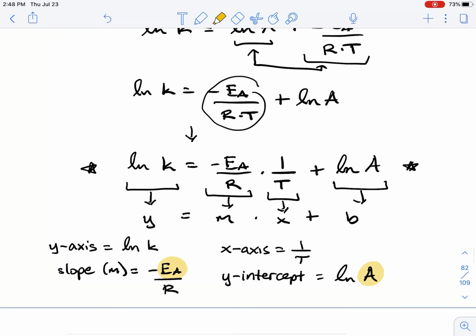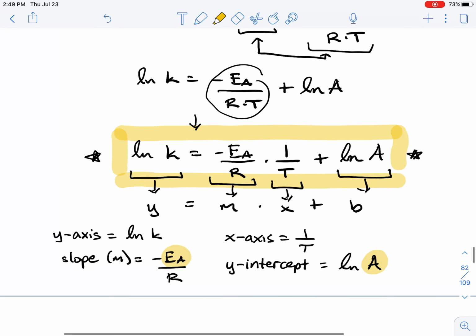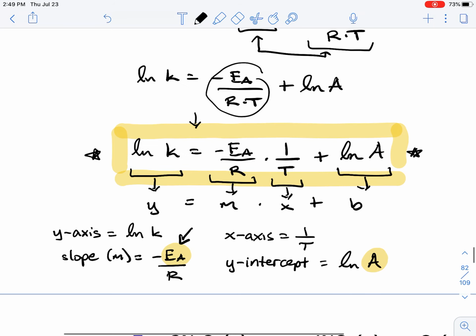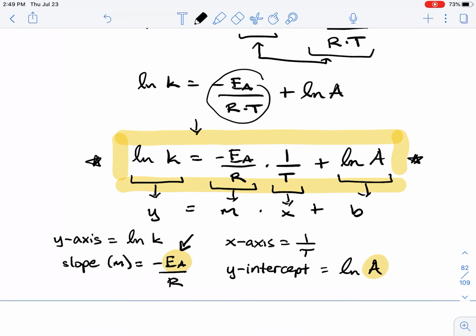Okay, and so now that we have the straight line plot of the Arrhenius equation, what we're going to do is work through an example that will allow us to calculate the activation energy through the graphical method.